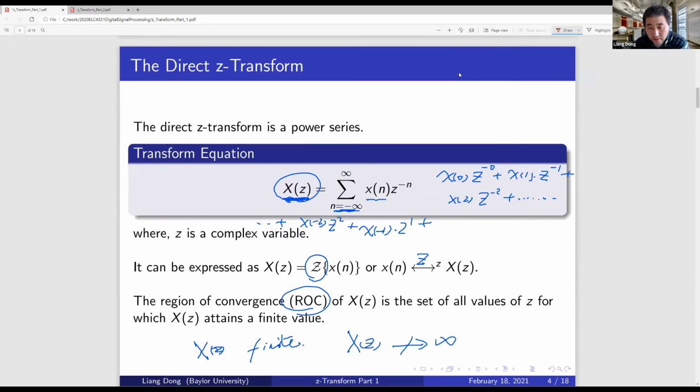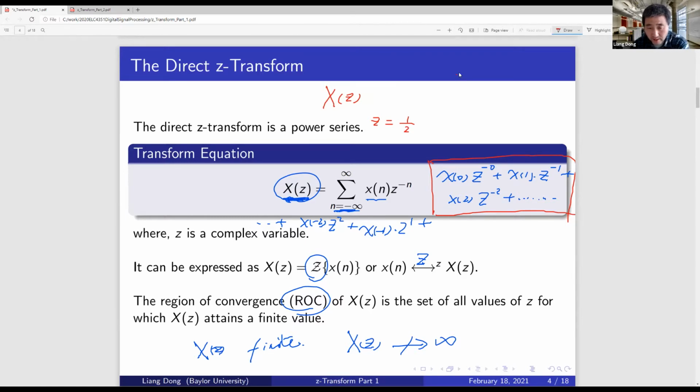A particular example is if I'm just looking at the causal part. If z is a value, say I evaluate some X(z), according to this, if z is equal to 1/2, well, I may be safe.